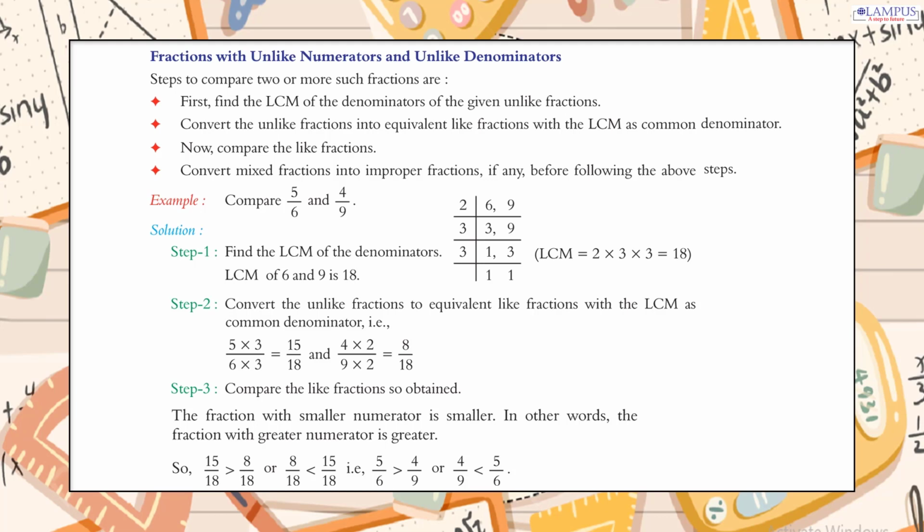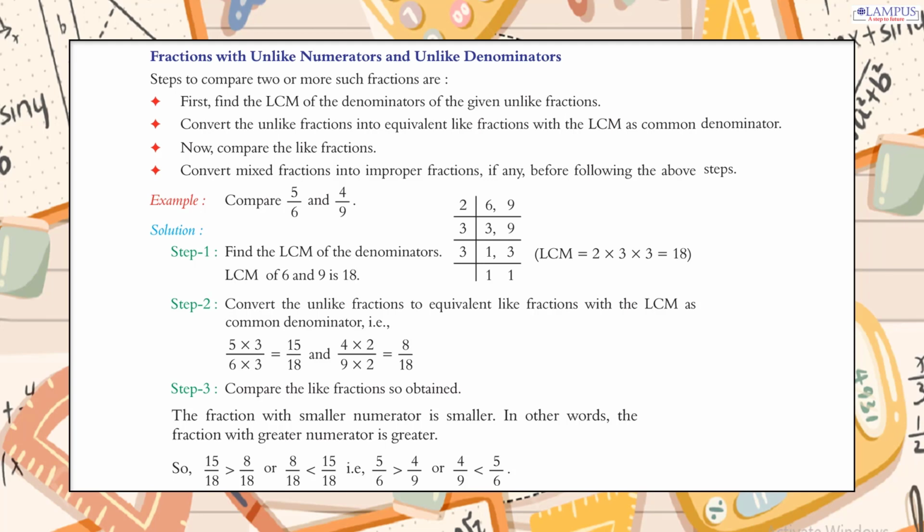Step 2. Convert the unlike fractions to equivalent like fractions with the LCM as common denominator. That is, 5 multiplied by 3 whole divided by 6 multiplied by 3 equals 15 by 18 and 4 multiplied by 2 whole divided by 9 multiplied by 2 equals 8 by 18. Step 3.